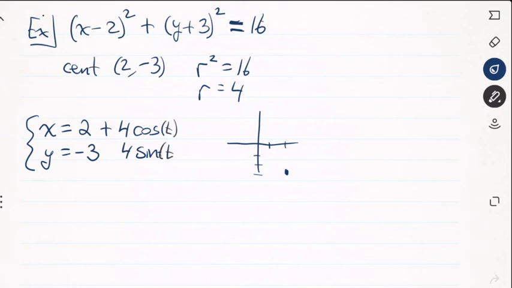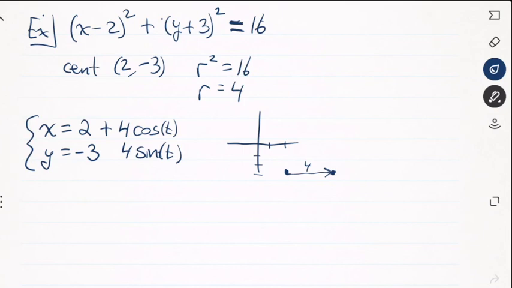But we'll try to stick with t here. So when t is equal to 0, we're going to get cosine is equal to 1 and sine is equal to 0. So we're going to get the coordinate 2 plus 4, which is 6, which is 4 units in this direction. And then the y-coordinate would be negative 3, so that would be definitely down negative 3 because sine is 0.